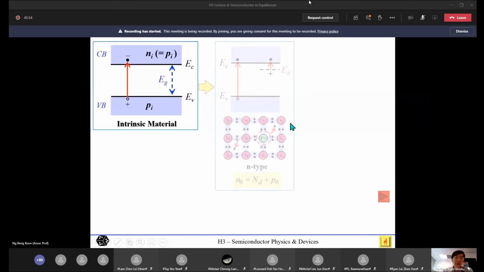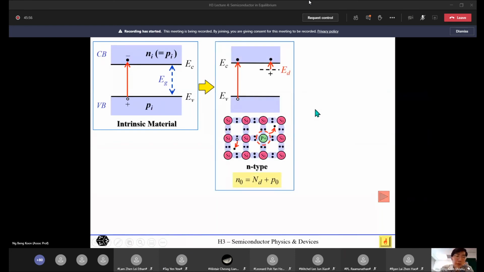Of course, by itself, the pure semiconductor material is not so useful, because in order to make a useful electronic device, a semiconductor device, you need varying concentrations of the carriers. In order to change the concentration of carriers, we use an additional process called doping, where we introduce impurity atoms into the crystal.